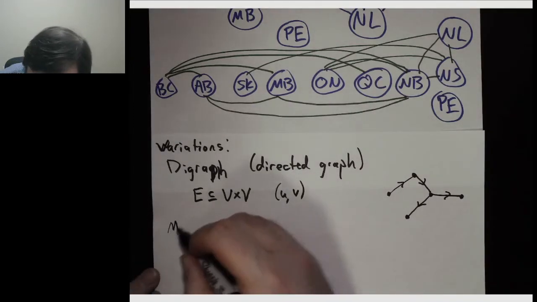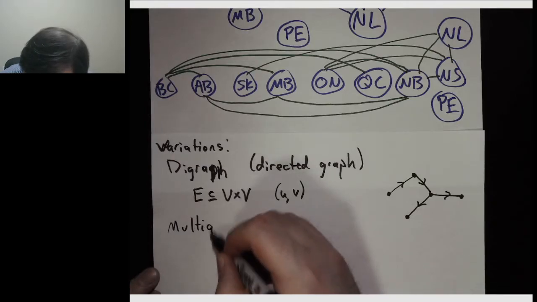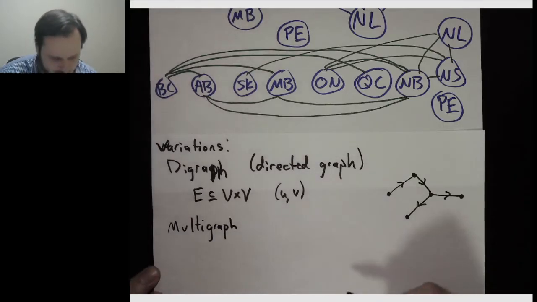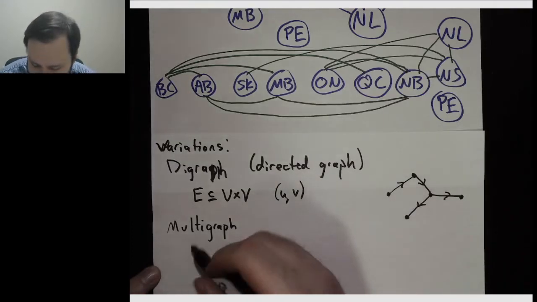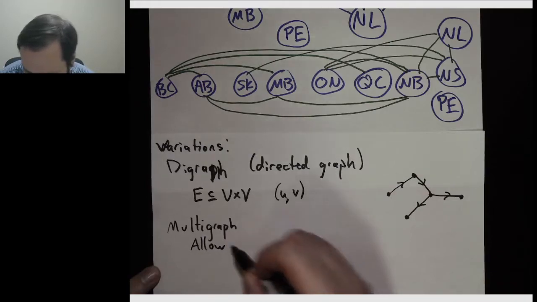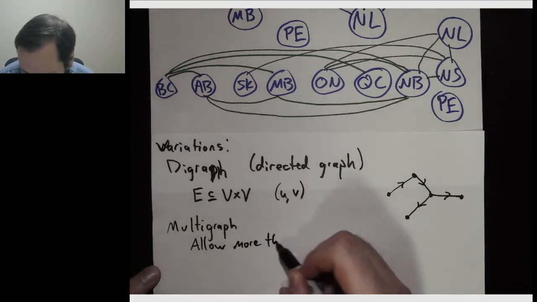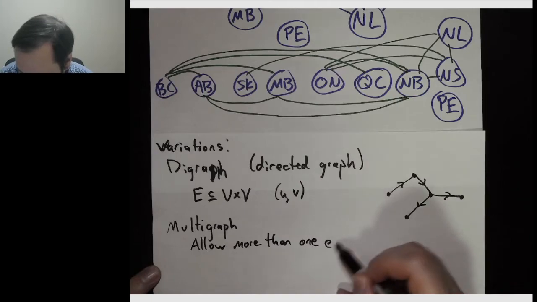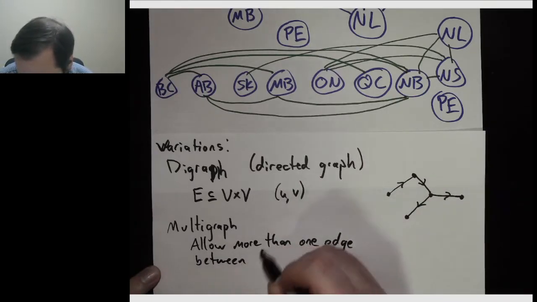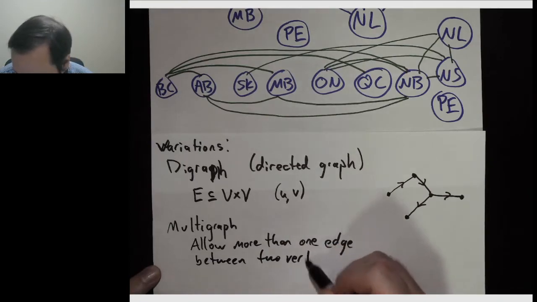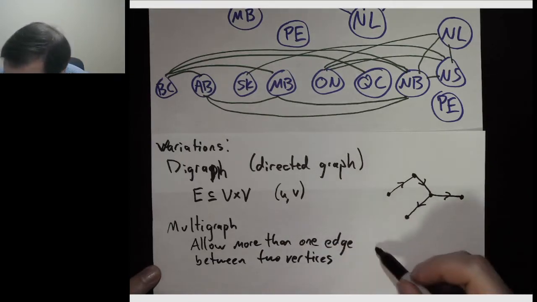Now a multigraph, another possibility. Multigraphs allow more than one edge between two vertices. So I'll give you another example picture.